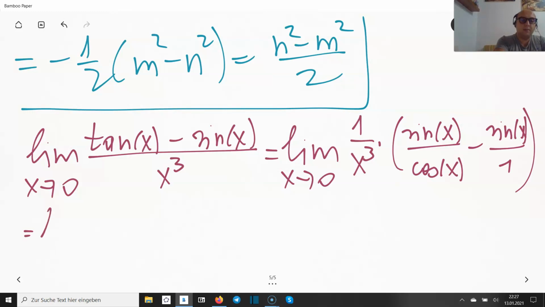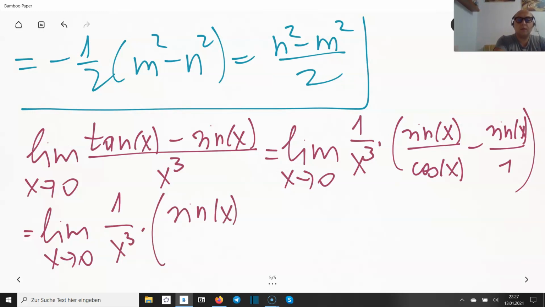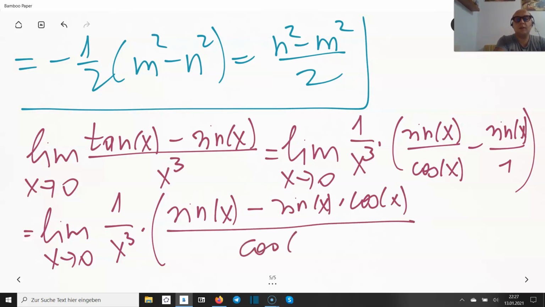So that would be limit x towards 0, 1 divided by x cubed. We have sine of x minus sine of x times cosine of x divided over cosine of x here. I just bring it to the same denominator. Now you see we have a common factor, sine of x. We can kick it outside of the parentheses.